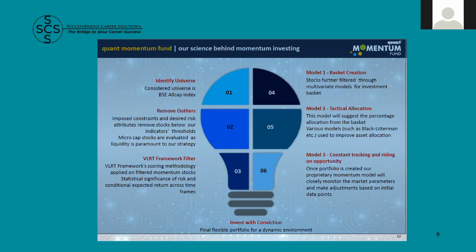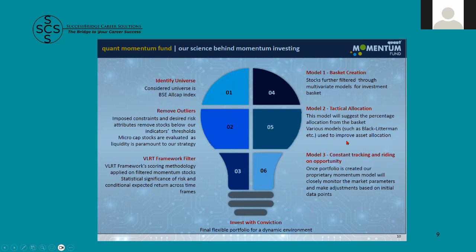Obviously, the number one score company is the most attractive, and attractiveness goes lower and lower as the company rank increases. From there, you create the investable basket. Stocks filtered through this model are the investable part of the basket.